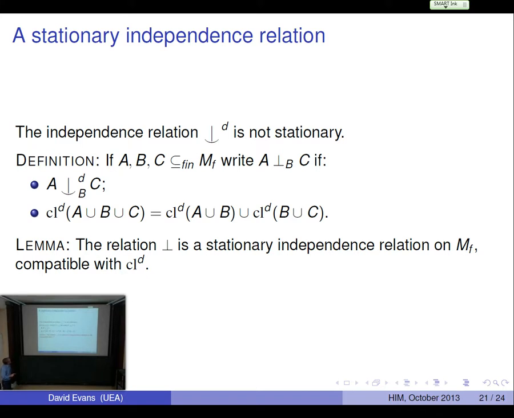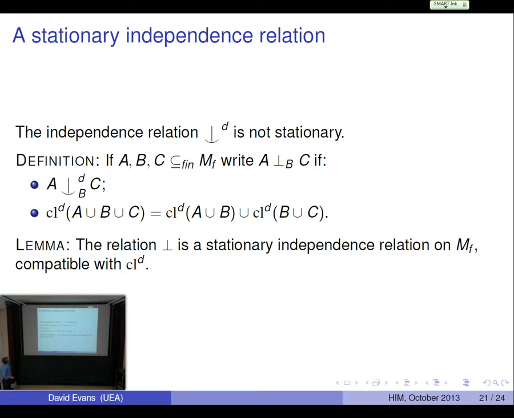So, you have to make it a bit stronger to get the stationarity. What we say is that our new independence relation, the one that we actually want to apply a theorem to, is this orthogonal symbol here.